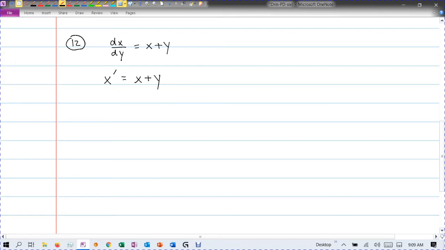So we're going to be using the same idea here: x prime plus some function of y times x is equal to some other function of y. So I'm just going to start moving things around here. I have x prime minus x equals y.